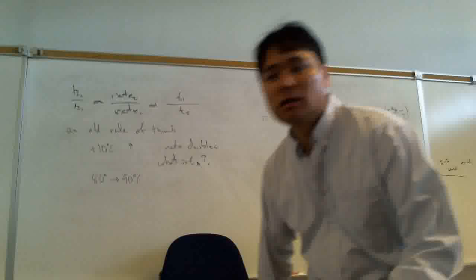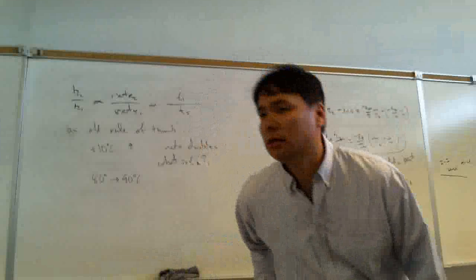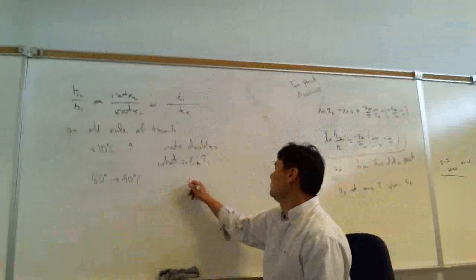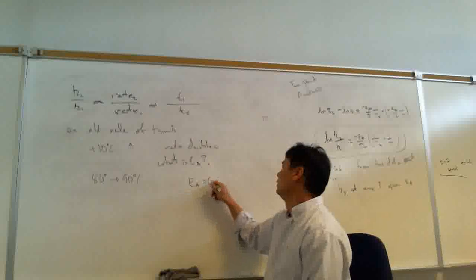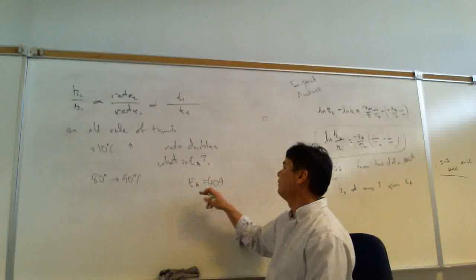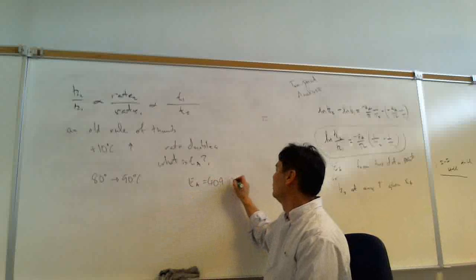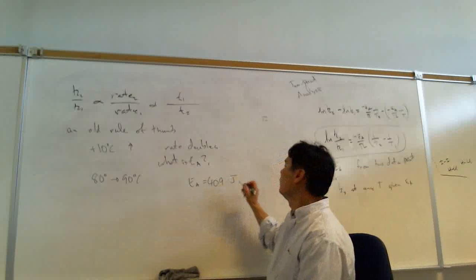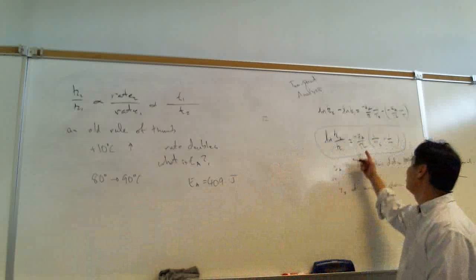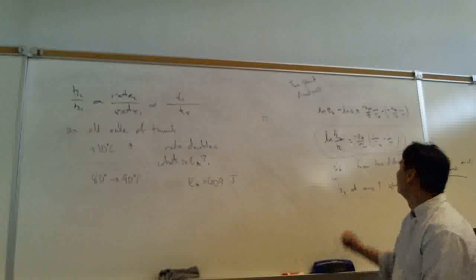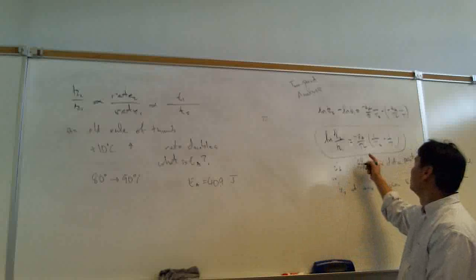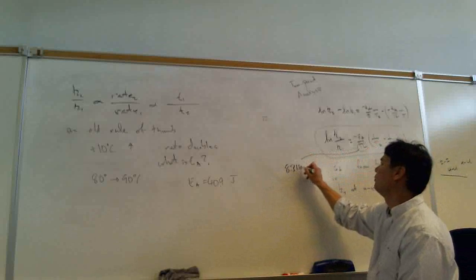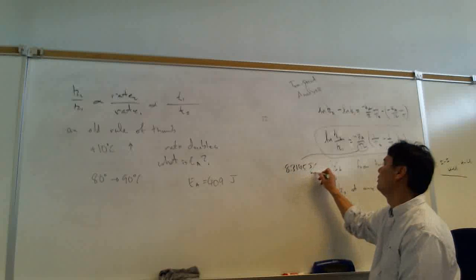Did you get it? Yeah? What did you come out with? 40.95, but I'm not sure. The units of this would be in joules? Those are kilojoules. Well, the thing is, R, what did you use for R? 0.082. Okay, R should be 8.3145 joules per mole Kelvin.